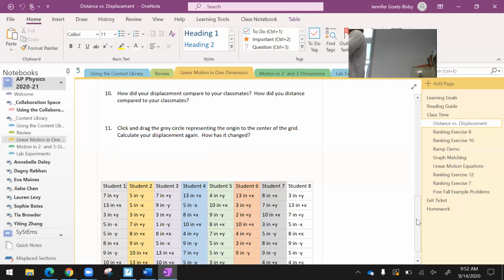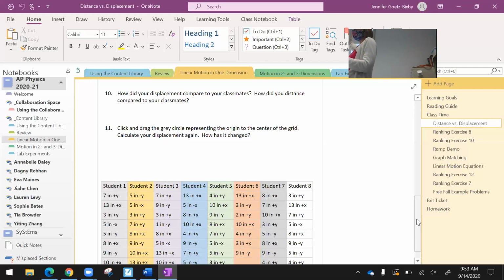Dagny wants to know if you have to do a squared plus b squared equals c squared to find the displacement, only if it's a triangle. And it doesn't matter. If I walk from here to here, so I walked between 2 squares, I can take that vector and I can put it in any room in the building, and as long as it's pointing whatever angle northeast that is, that vector is the same, no matter where I put it in the building.